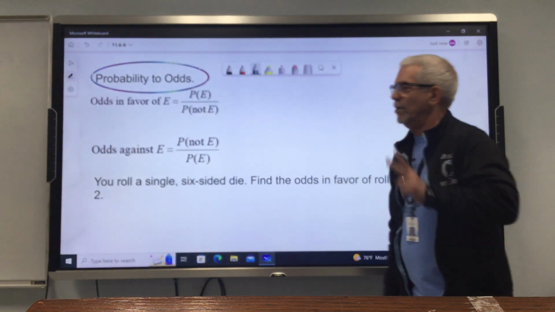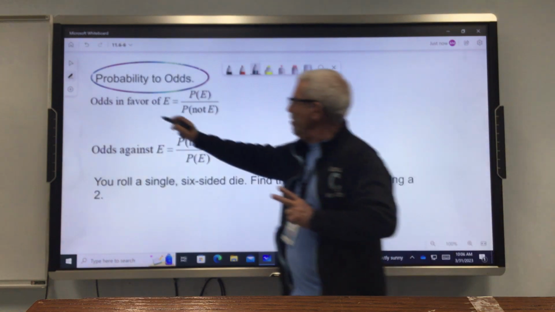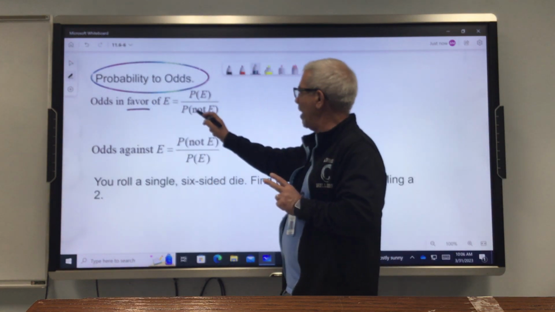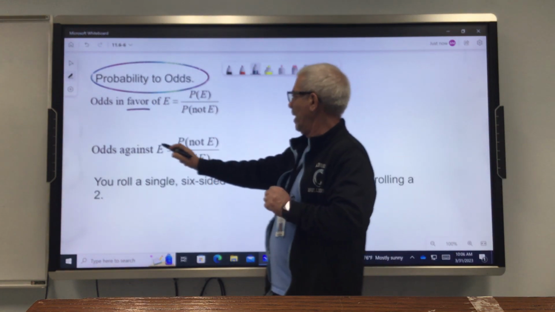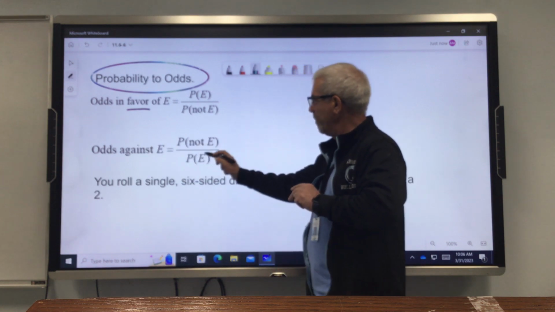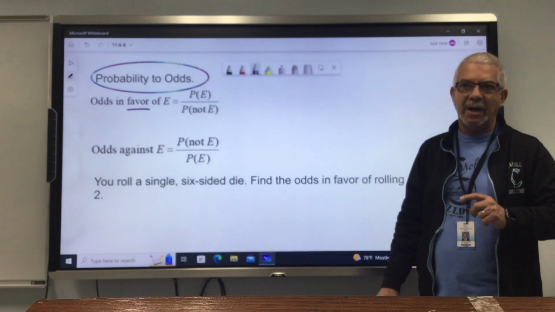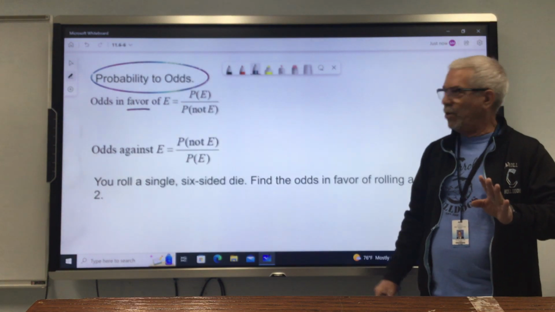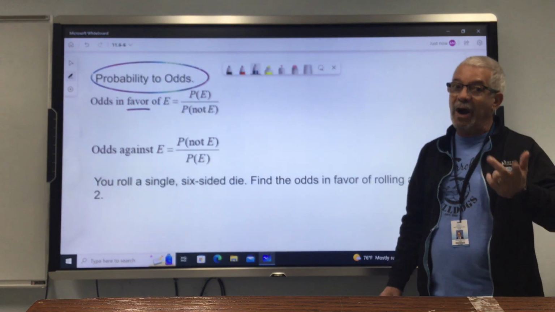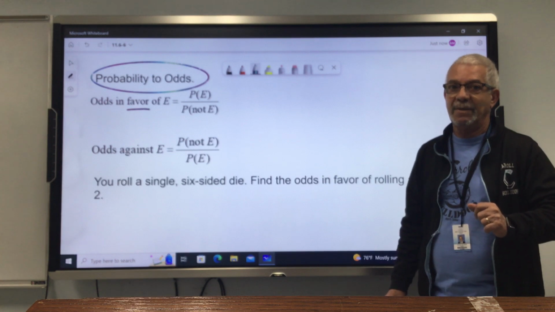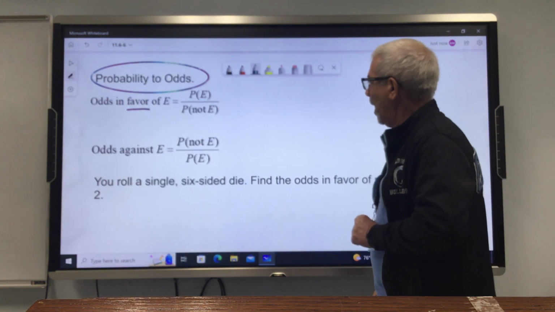We have 2 formulas. In favor, that is P(E) divided by P(not E), and against, that is P(not E) divided by P(E). You switch the position of the numerator and the denominator. I give you an example of how to find both of them, and one of them will be in the test.